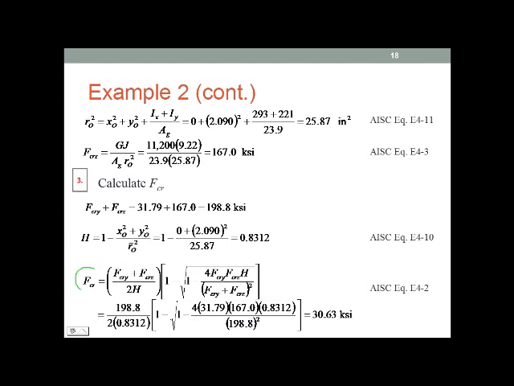Finally, we can calculate F critical. F critical can be calculated using equation E4-2 found in the AISC specification. After substituting for the unknowns, you'll get F critical of 30.63 KSI. Notice that the resistance is a combination of flexural buckling resistance and torsional buckling resistance.